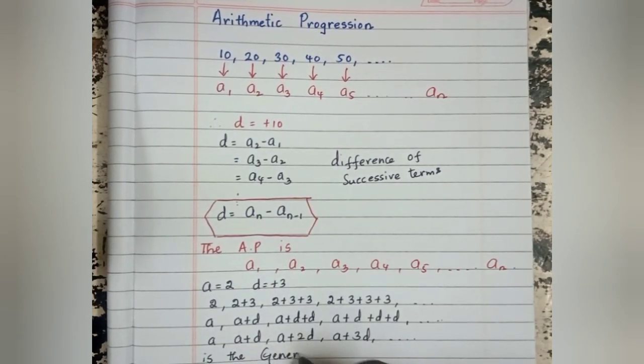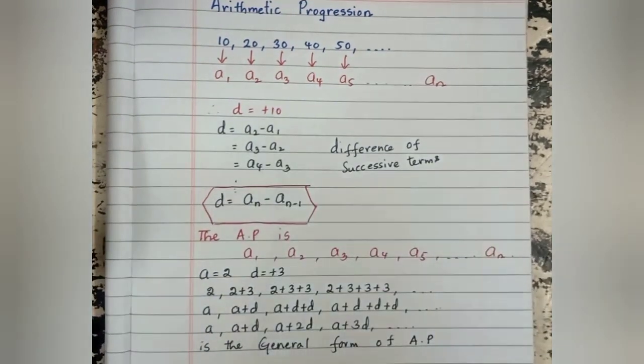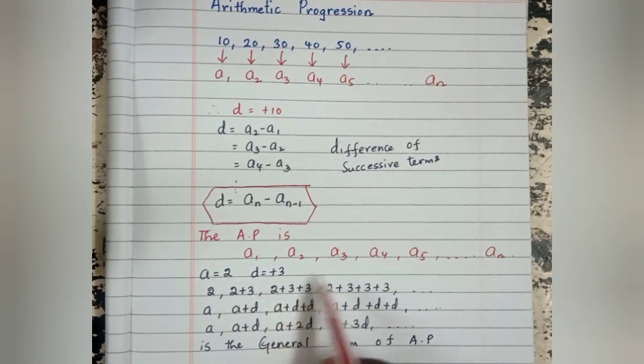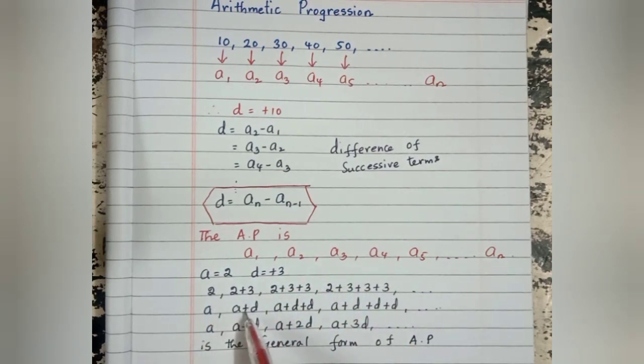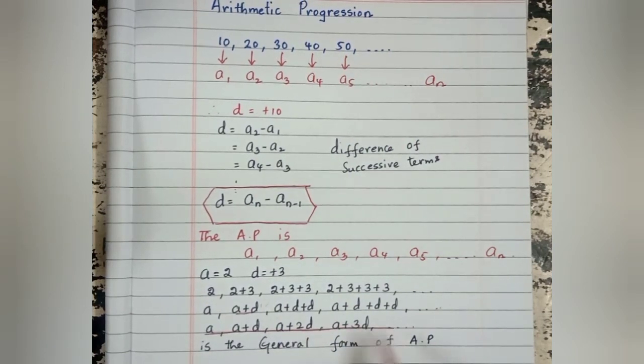The general form of AP is A plus D, A plus 2D, then A plus 3D. For 2 I have added 3, again to get the next number I have added 3. The same way, I have added D to get the next number. In general, I can write A plus D, A plus 2D, A plus 3D, A plus 4D, and the list goes on, is the general form of AP, which is very important.